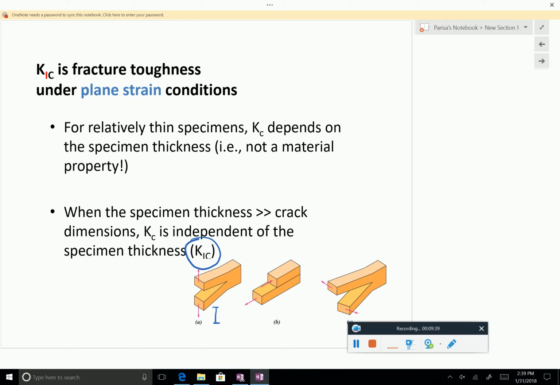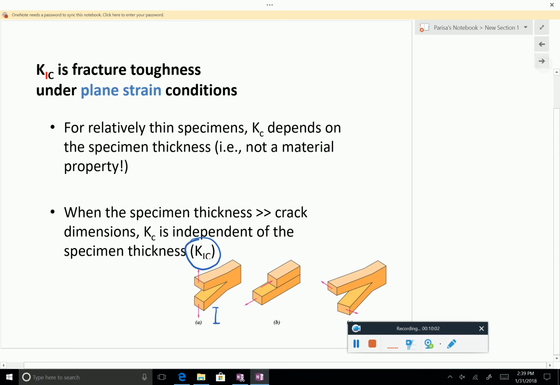And then we call it plane strain fracture toughness. And we put this I here. This is like the Roman numeral, like for the first mode of fracture. And this is actually a material property.